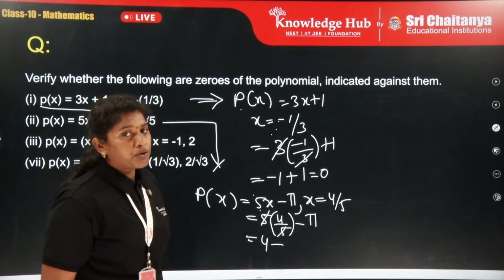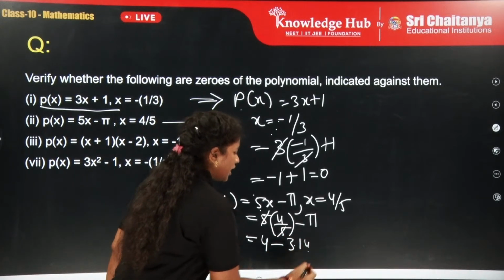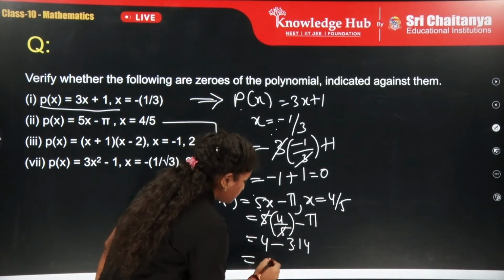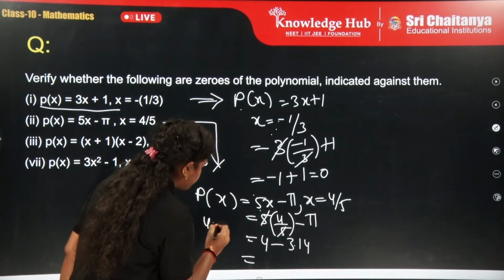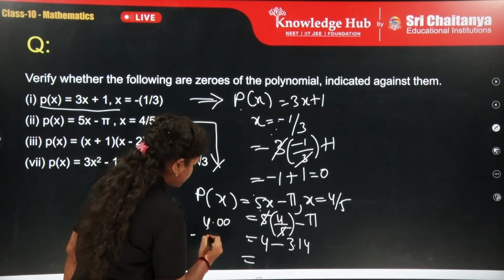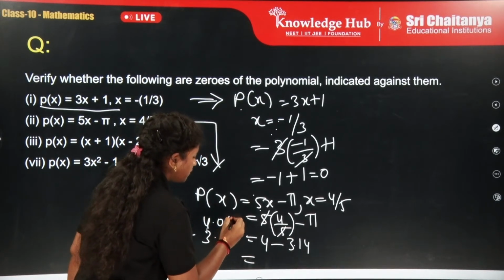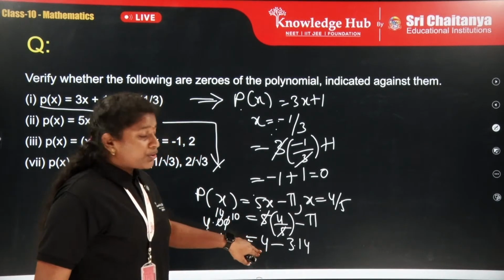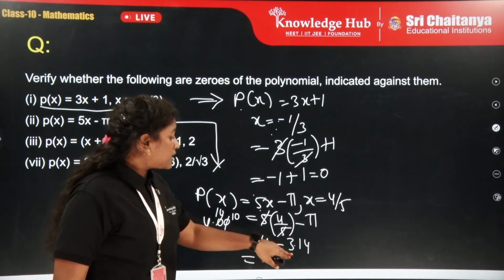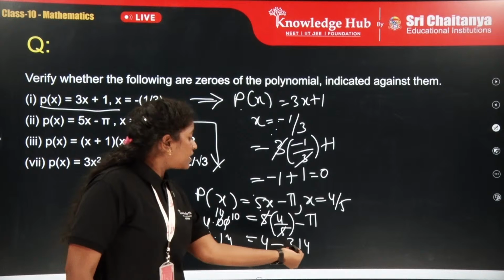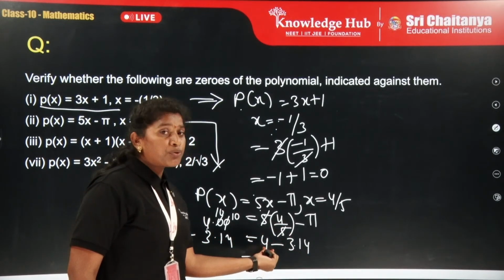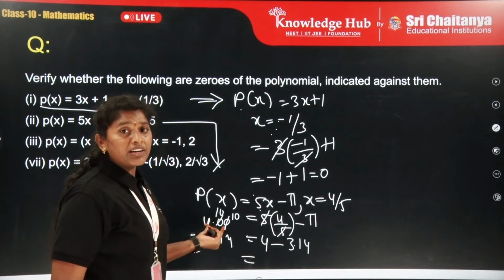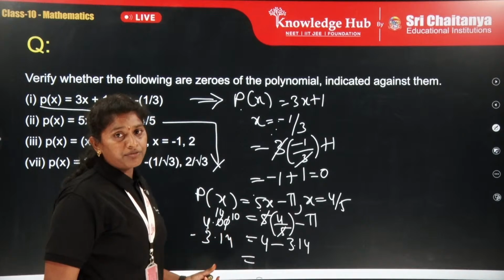If you need it in decimal form, you can take pi as 3.14. Subtracting, 4 minus 3.14. You know decimal subtraction: since 3.14 is in decimal form, you have to write the 4 in decimal form too, so 4 can be written as 4.00 minus 3.14.